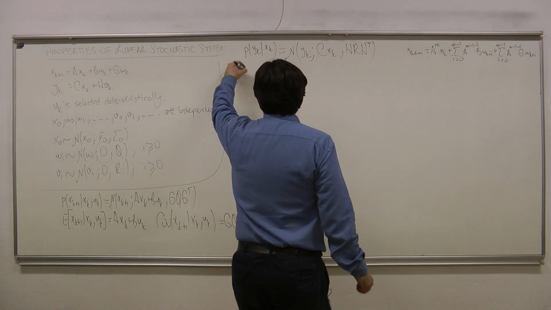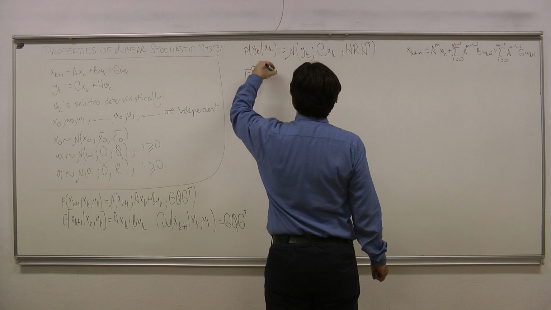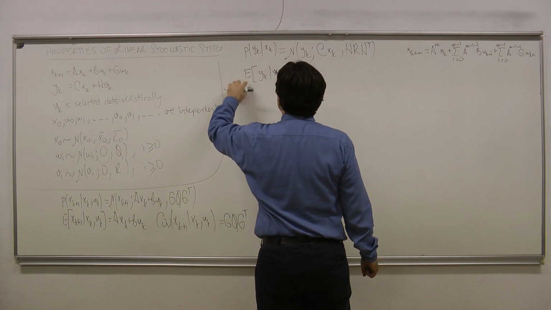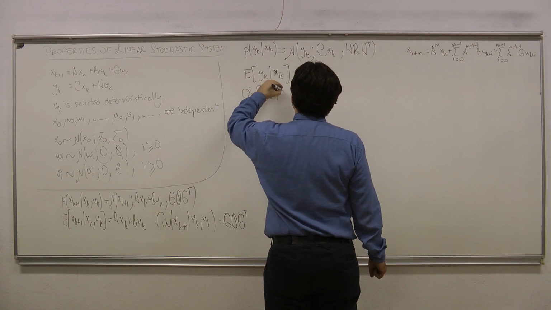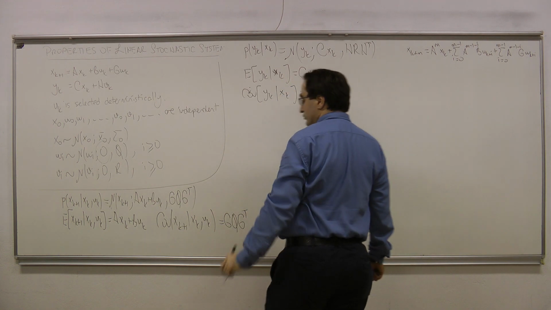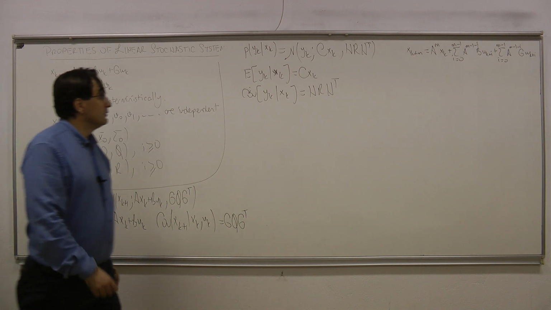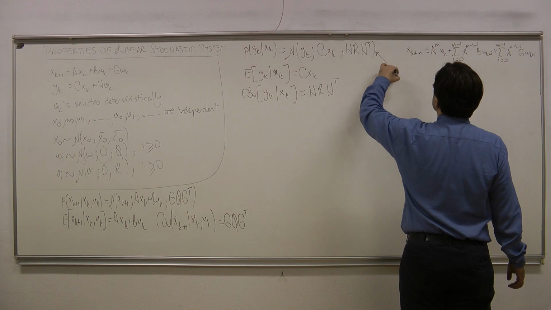So that means again that the expected value of yk given xk is nothing but C xk, and the covariance of yk given xk is again H R H transpose. All right? Remember that we call this thing the likelihood.